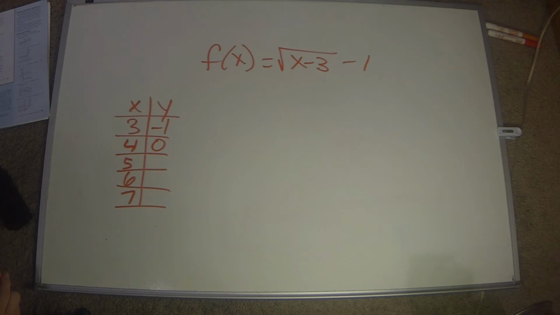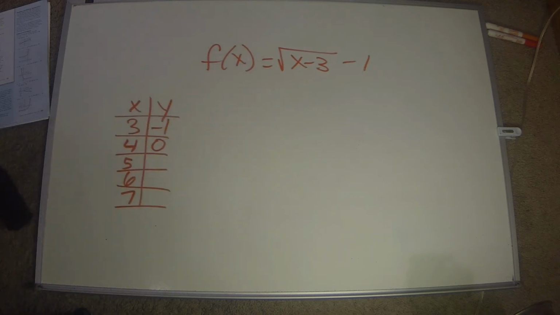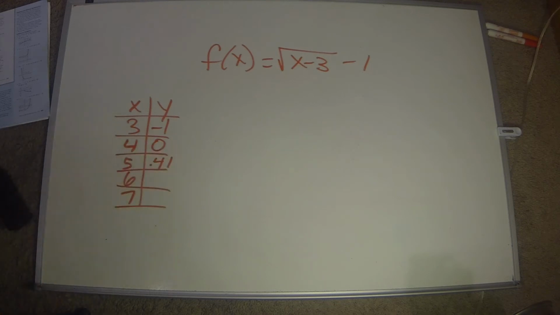If we plug in 5, 5 minus 3 is 2. The square root of 2 is 1.41. Minus 1 gives us 0.41. I think I said 0.45, but 0.41. If we plug in 6, 6 minus 3 is the square root of 3.